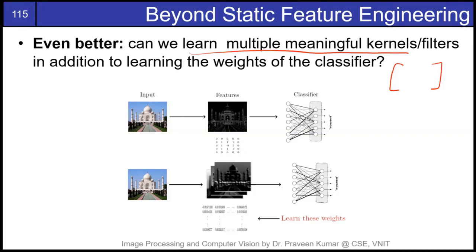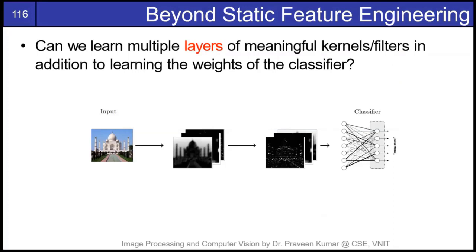So we need a method which can learn these multiple filters, so that we can extract multiple features from the image automatically, and then train a classifier on them. Later on, people identified that just one layer of feature extraction may not be so powerful.